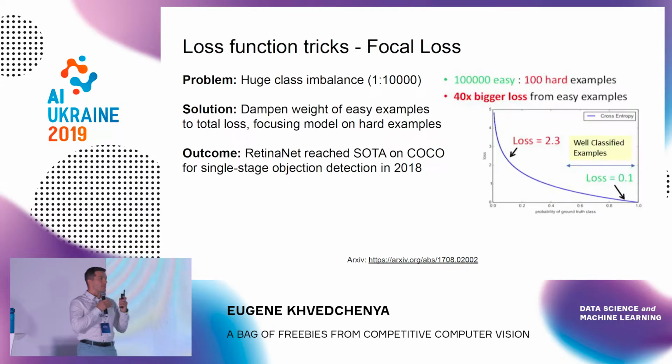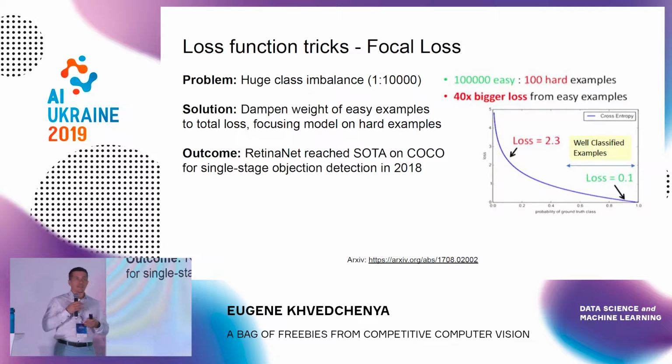The first section we are going to start with is the loss function tricks. In many problems, it's crucial to choose the correct loss function. Correct here means that in the ideal case, it should correlate with our target metric. Most of the time it does not, because, let's say, it's impossible to directly optimize the F-score.